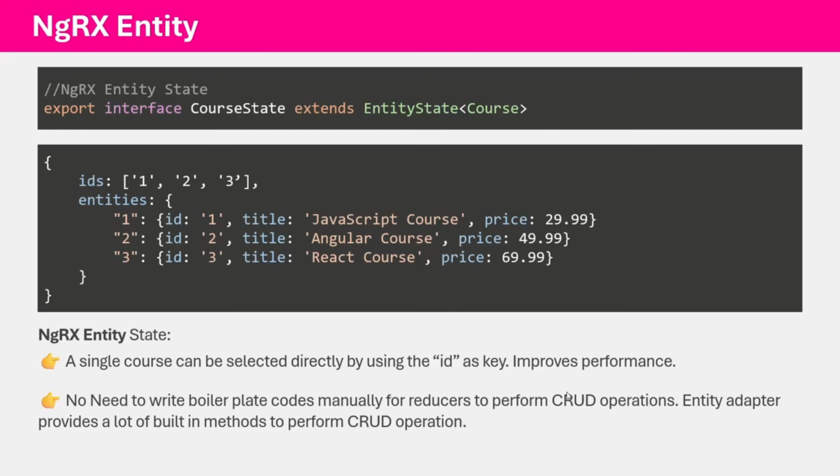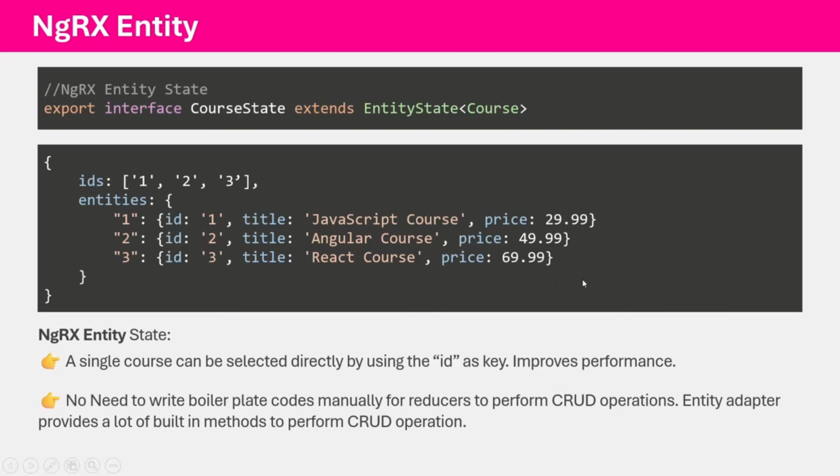And remember that here the course data, the course objects, they are not stored inside an array. Instead, it is stored inside an entity object which has two properties, IDs, which store the ID of each of the course. So here I am taking an example of course entity, but this is true for all other entities.